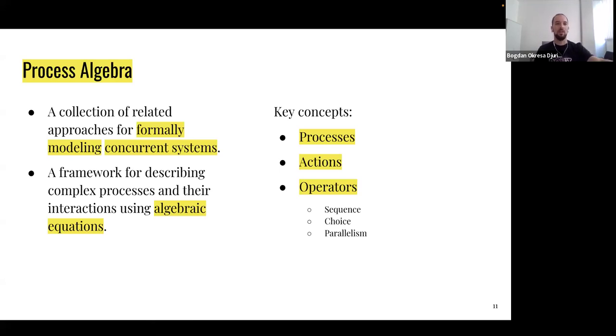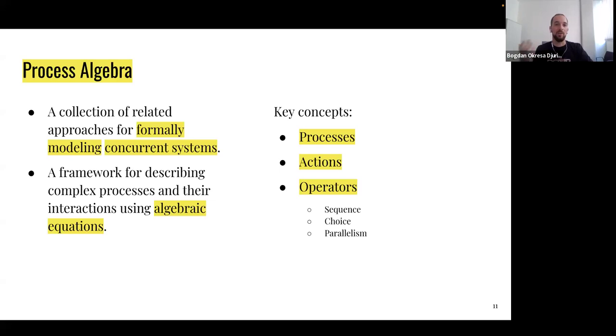So we use process algebra to basically describe different processes. And what we have here is that process algebra allows us, or basically provides, a framework for describing complex processes and their interactions using algebraic equations. Which means that there's different formalized systems that allow us to work with a formal description of a complex process, right?